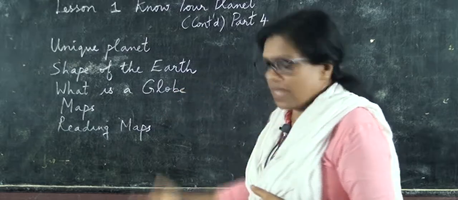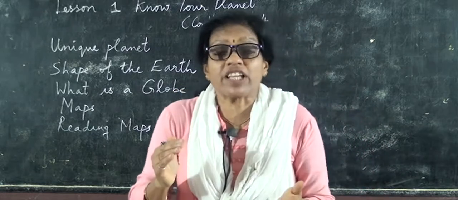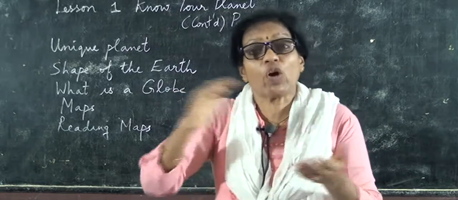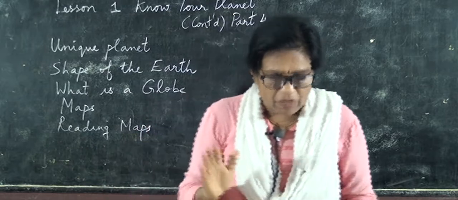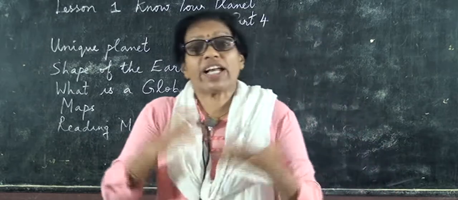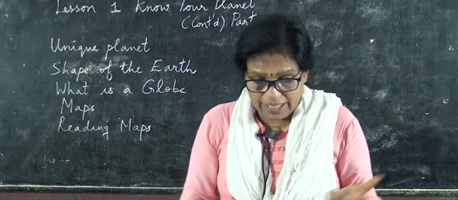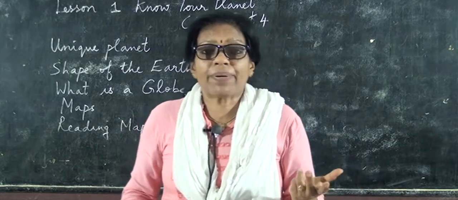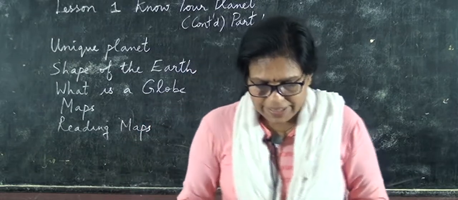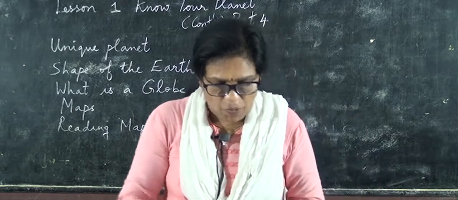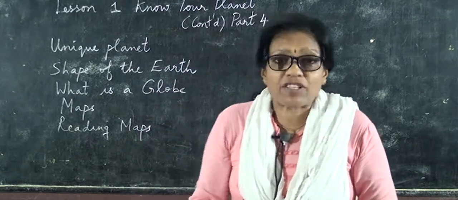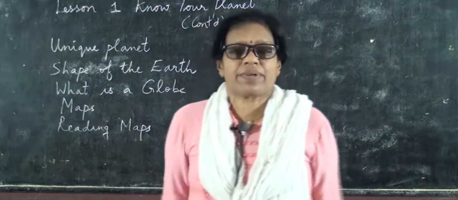Now what is a map? It is a representation of a part or the whole of the earth on a flat surface. That's called a map. Now there are different kinds of maps. Political map, physical map, then climatic map, then industry, population, transport, minerals, crops, natural resources maps.